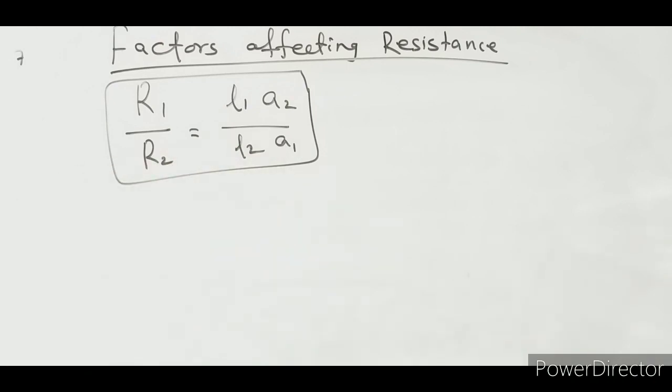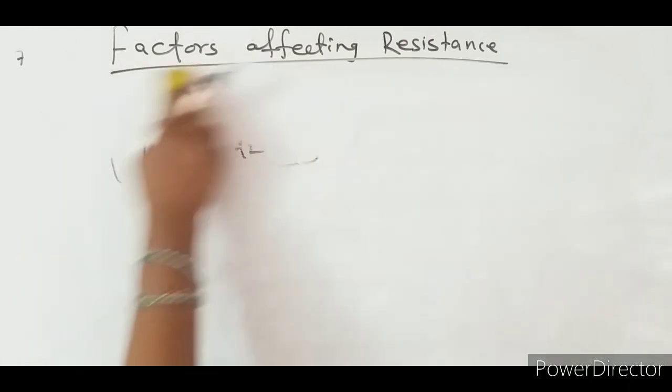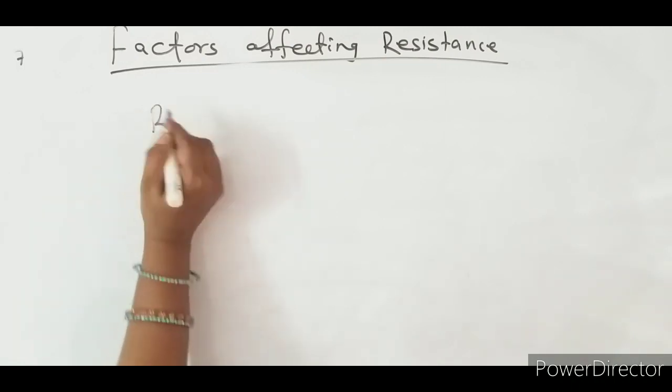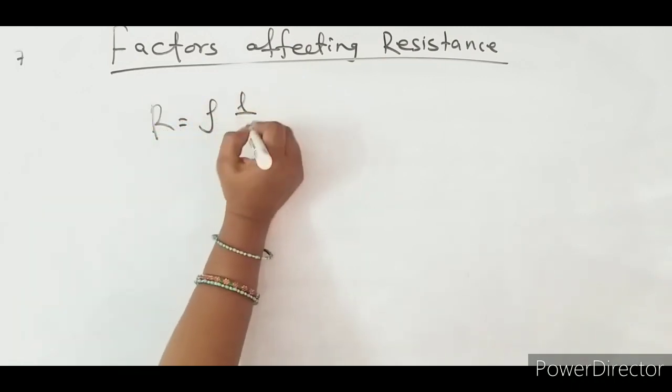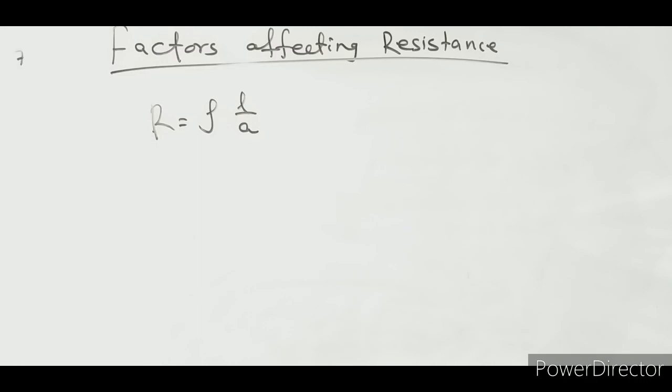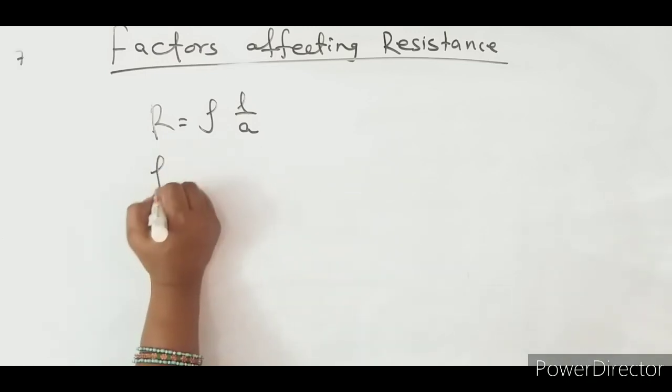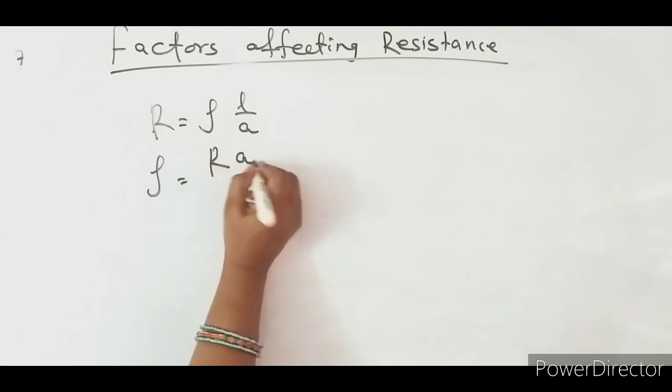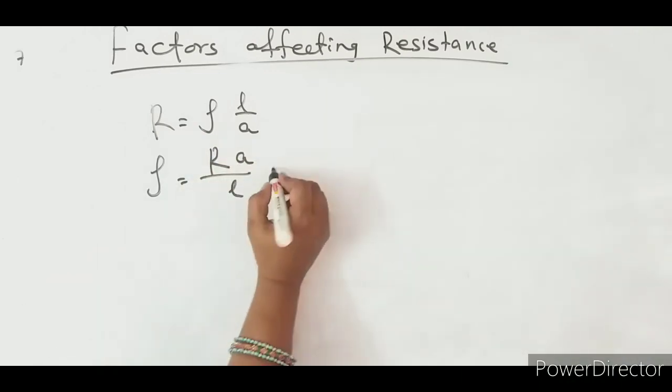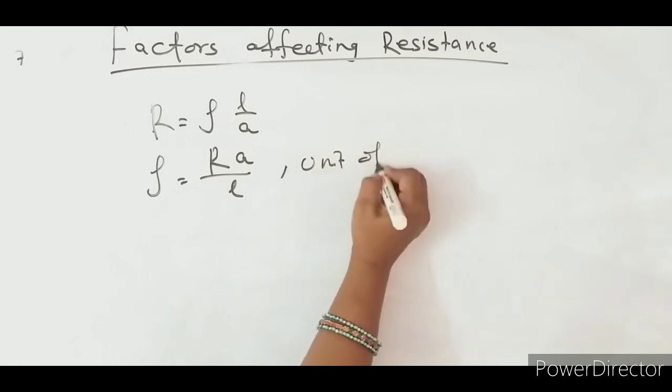Depending upon this one, there are many numericals we can solve using this formula. Okay, then we have come across these factors we have discussed. Then we got one thing, that one will be only specific resistance. This specific resistance, what we got, R equal to rho L by A. And if we talk about rho, rho equal to R A by L. So what will be the unit of rho?